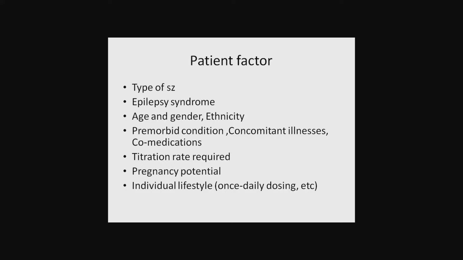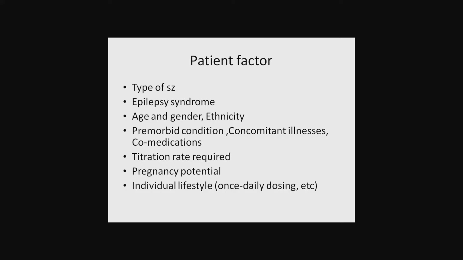Ethnicity, for example, certain ethnicities, for example Han Chinese, have a certain HLA type which predisposes them to hypersensitivity syndromes with carbamazepine. So if you do a genetic test and you find a certain HLA type, then you avoid carbamazepine in them because it may cause Stevens-Johnson syndrome.